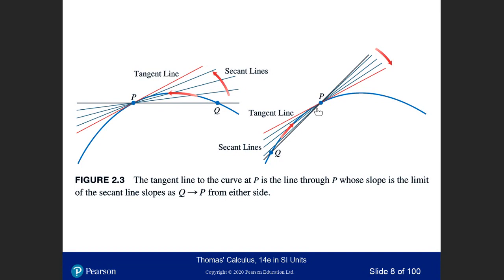Here we approach P from this side, and here we approach P from this side. That secant line joins Q and P. Now I move towards P, and at the end I will get a tangent. Okay, so now the average rate of change.